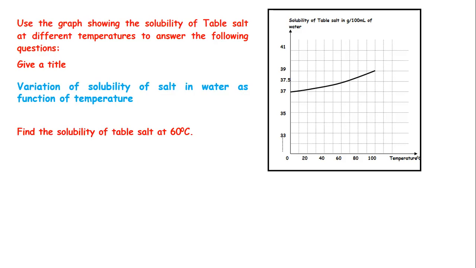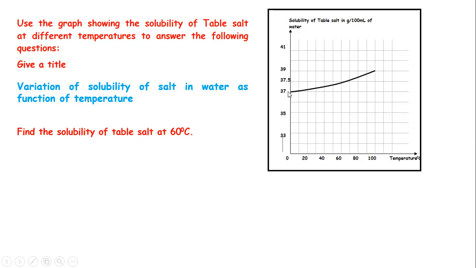Find the solubility of table salt at 60 degrees Celsius. Look at the 60. It is nearly here, and we should be careful about the number. 37.5 is right here, but it's not this case.